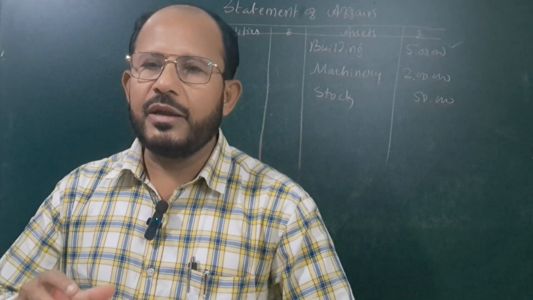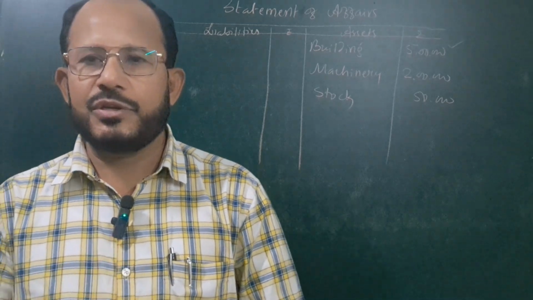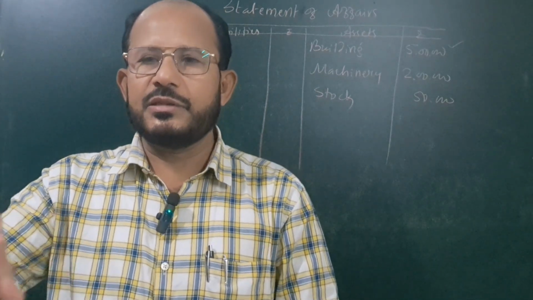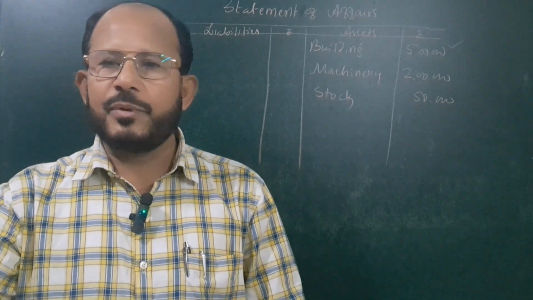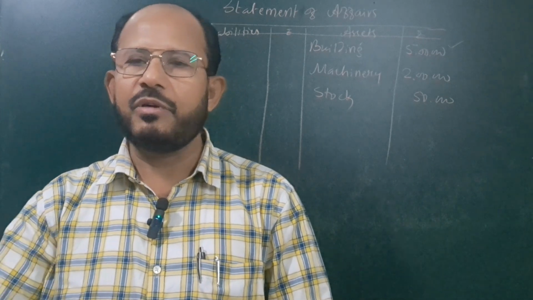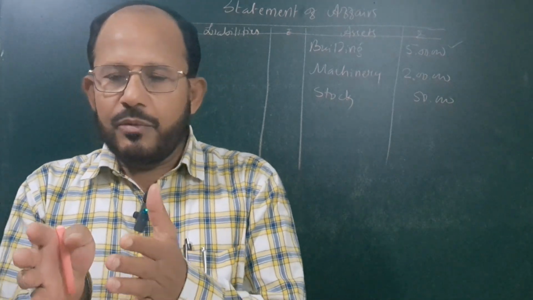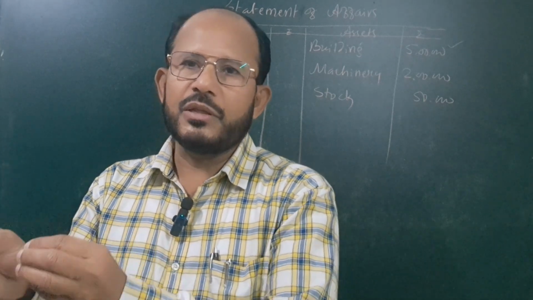But in case of the double entry system of bookkeeping, there we need to follow the principle of valuation. The current assets are valued by following a principle. What is the principle there? Cost price or market price, whichever is less, is to be taken as the value of current assets. By following this principle of valuation, current assets are shown in the balance sheet.